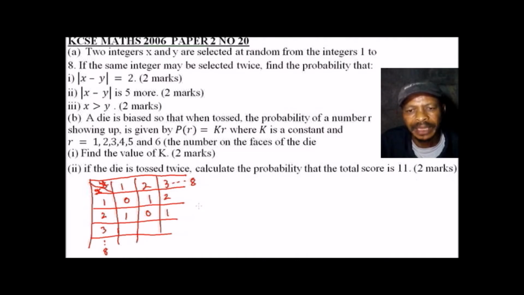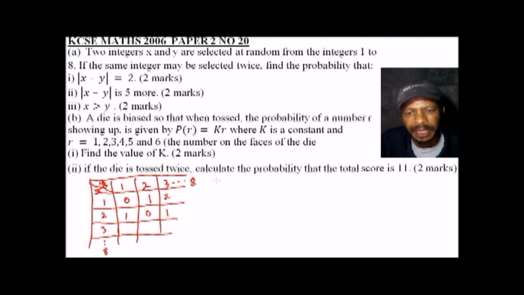Once you fill that table, you'll be able to answer this question, whereby you identify the values where the magnitude of x minus y is equal to 2. You get all the values in our table where the difference is 2. It is the same case with the second part and also the third part.